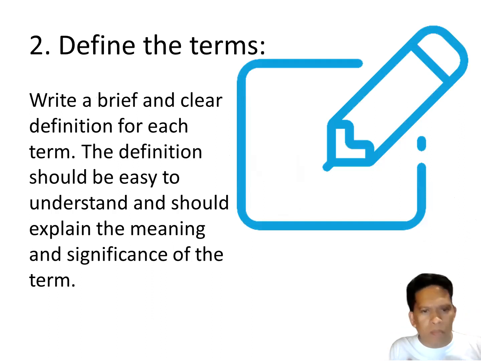So be brief and be clear in your definition of terms. Take note that the use of the glossary is for a specific discipline, for a specific domain, or for a particular subject area. So no need to be like a dictionary, but as long as it is brief and clear, then you are good with your definition.